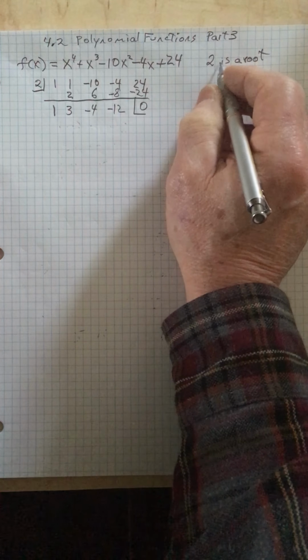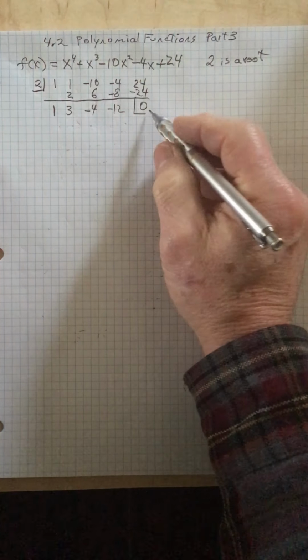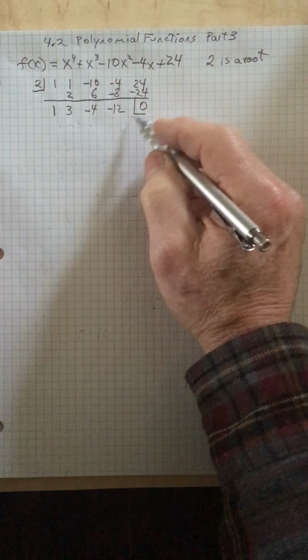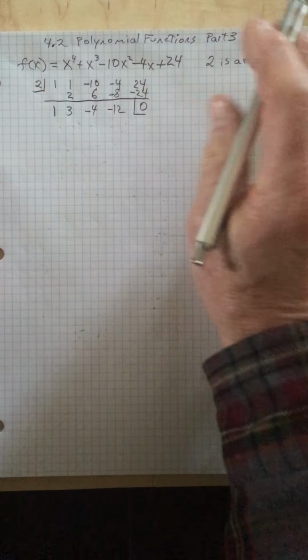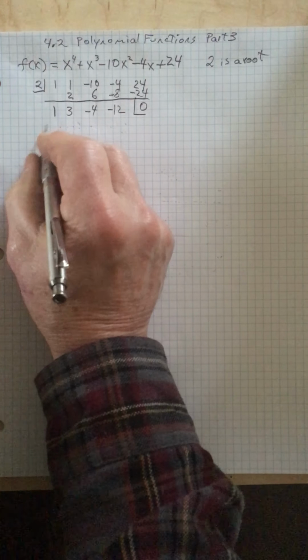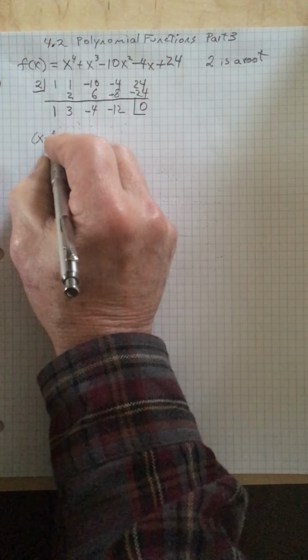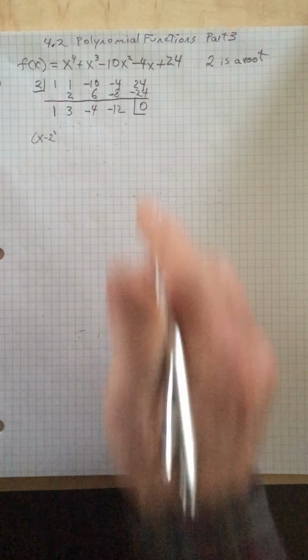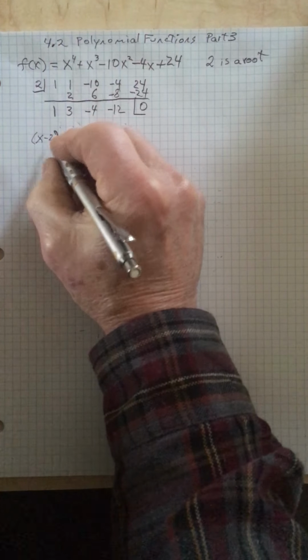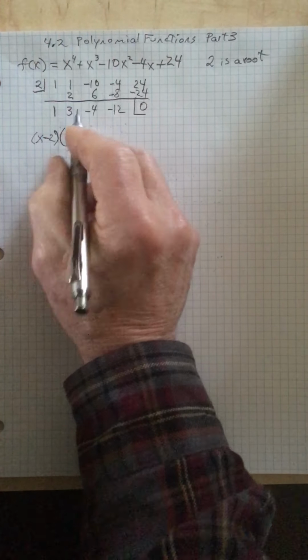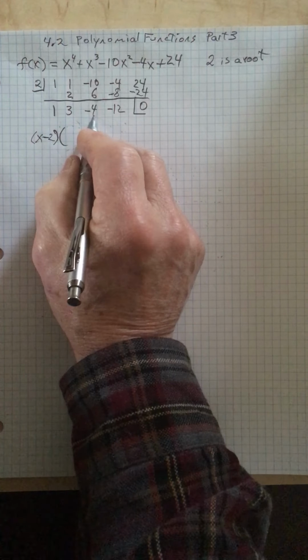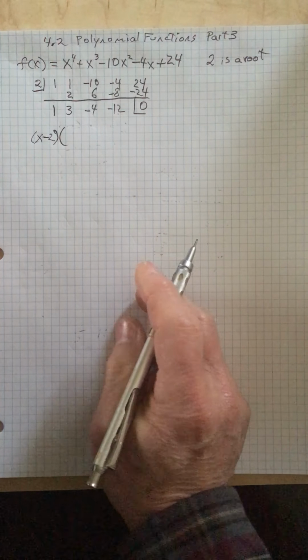0. Okay, so we were told it was a root, but we actually verified it. So it is a root, that's good. So right now, what do I know? I know that x minus 2 is a factor because 2 is a root. And what else do we know? We have this quotient here.